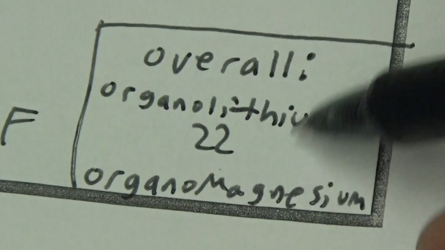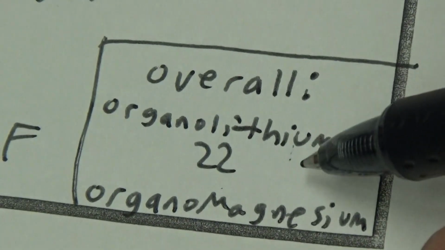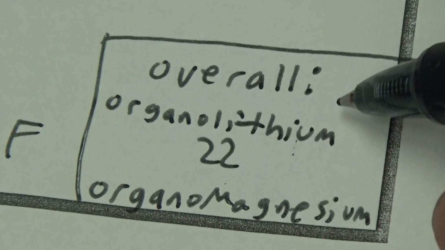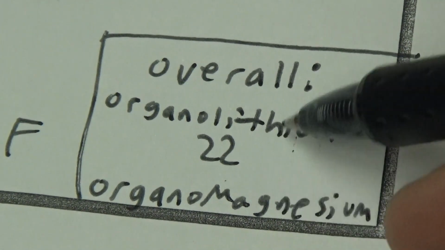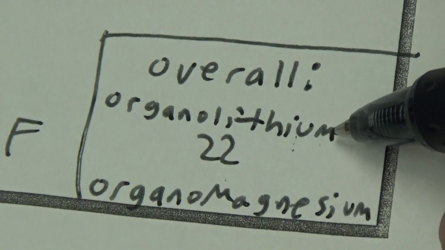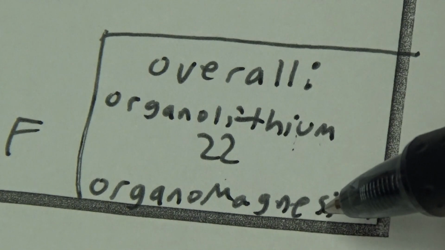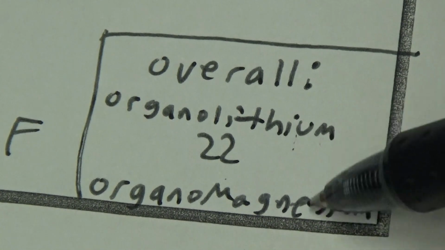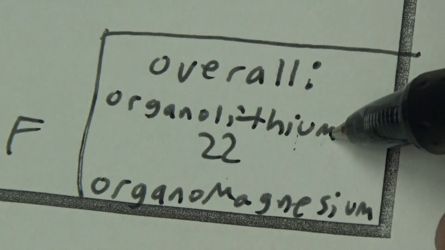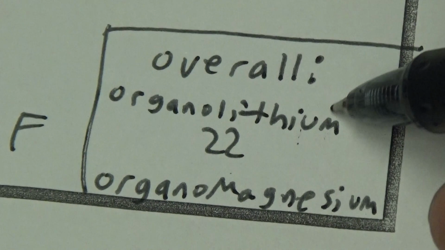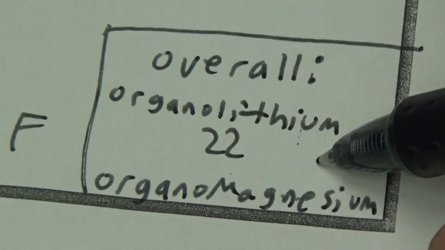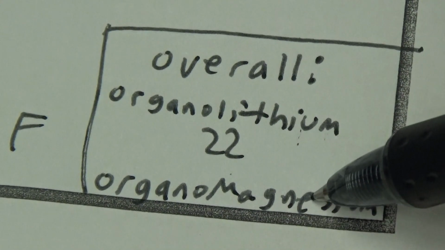They're relatively equivalent. In the real world, beyond organic chemistry class, there will be some subtle differences. But for you guys, just assume that if I see an organolithium or organomagnesium, they do the same thing basically. They're nucleophilic carbon. They attack ketones and aldehydes and other things. We'll learn about more things they attack throughout Organic 2.